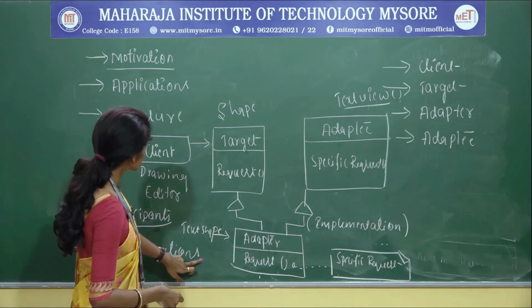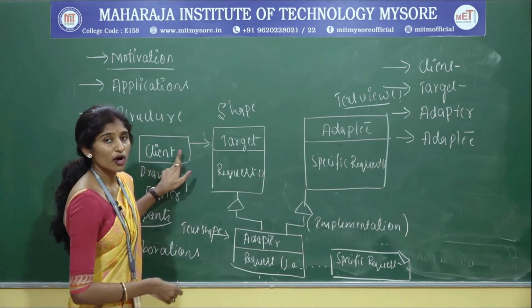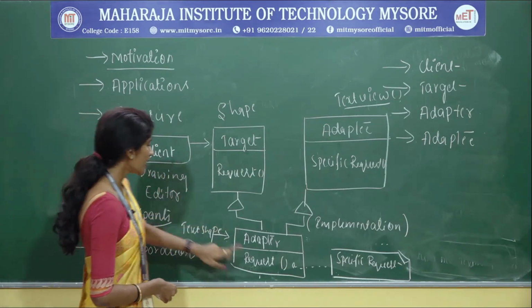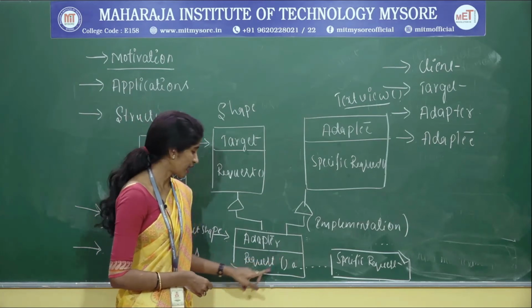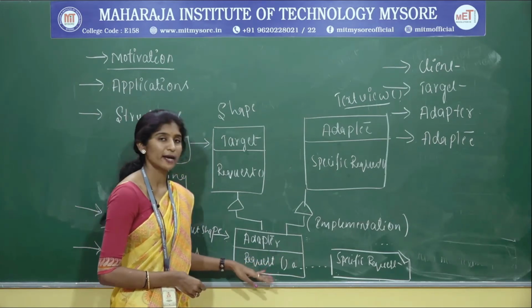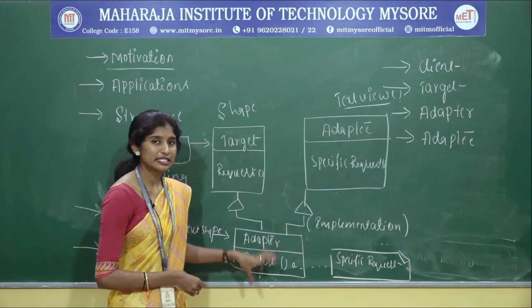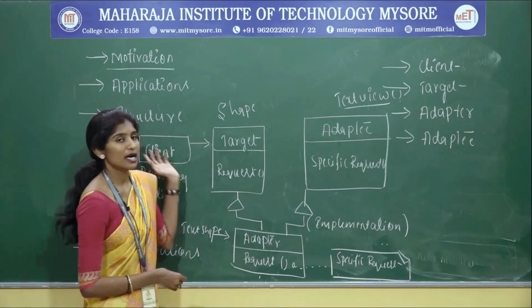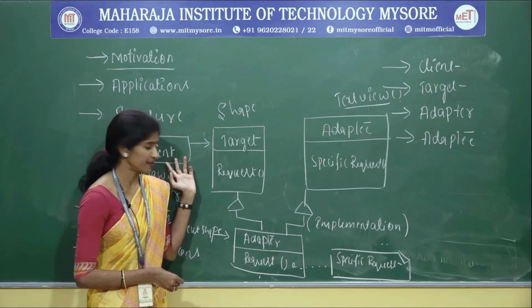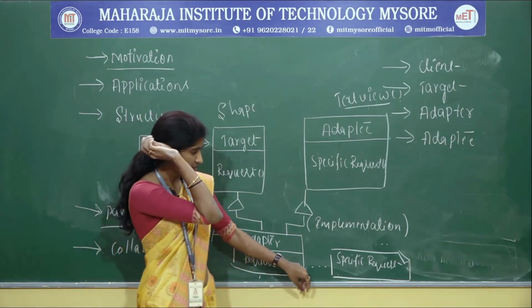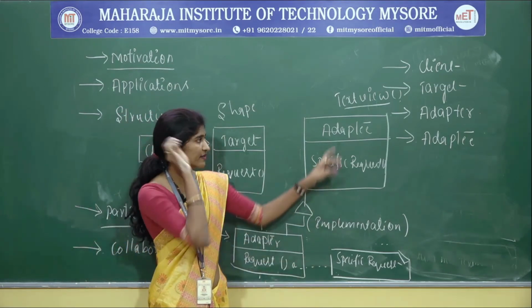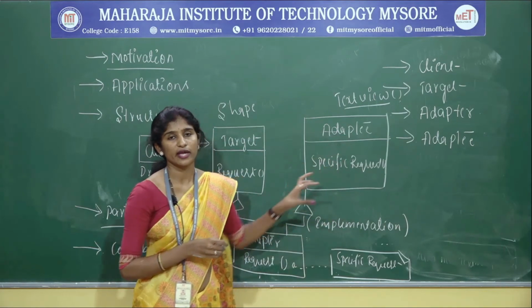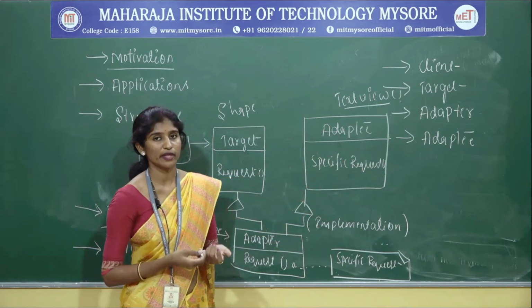In the collaborations, the client is going to call the requirements based on the adapter instances, meaning we are going to create the instance for this adapter. Based on the instance, the client is going to call the activities, and in the same way the adapter instance is going to be connected with the adaptee. So it is going to call the actions, meaning it is going to perform the activity.